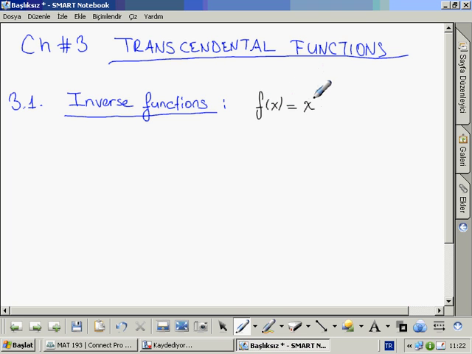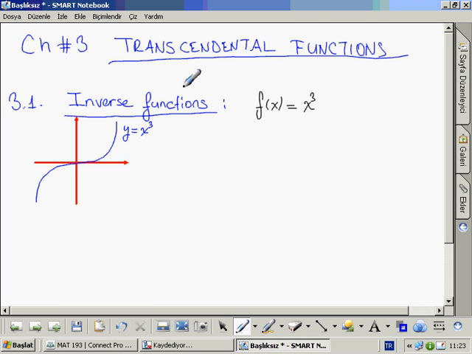F of x equals x cubed, and when you sketch it on the coordinate system, it's like that.